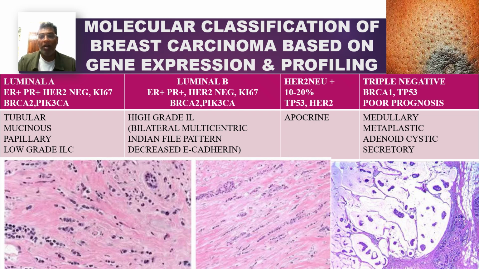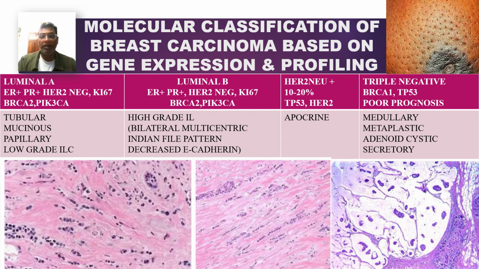This orange peel appearance of the breast is because of cutaneous lymphatic edema. These breast carcinomas are classified molecularly and histologically. The molecular classification of breast carcinoma is based on gene expression and profiling. It is divided into luminal type, HER2 positive and triple negative breast cancers.